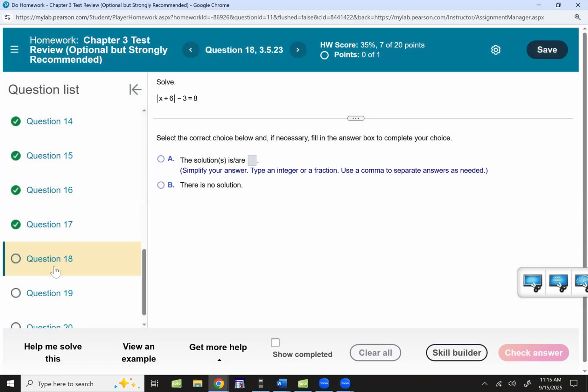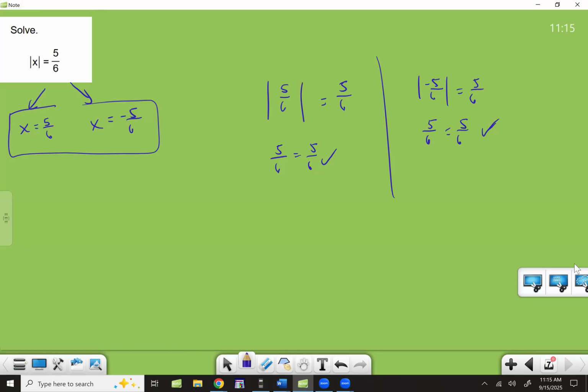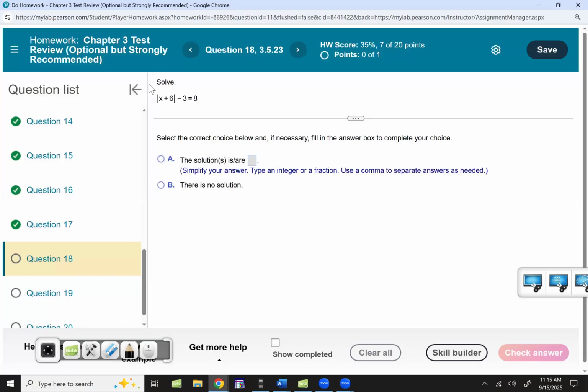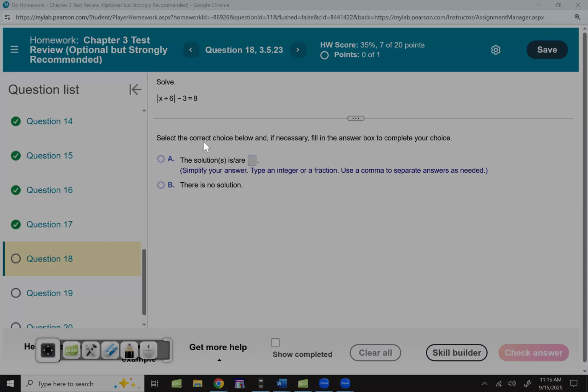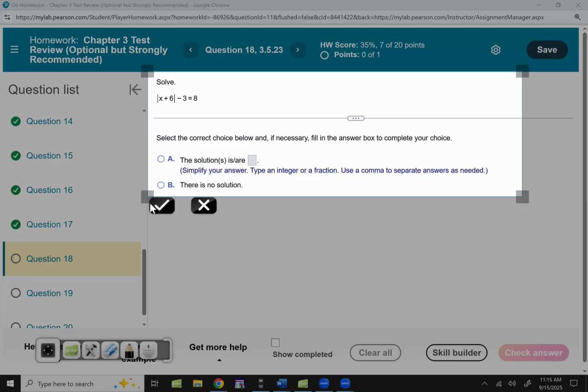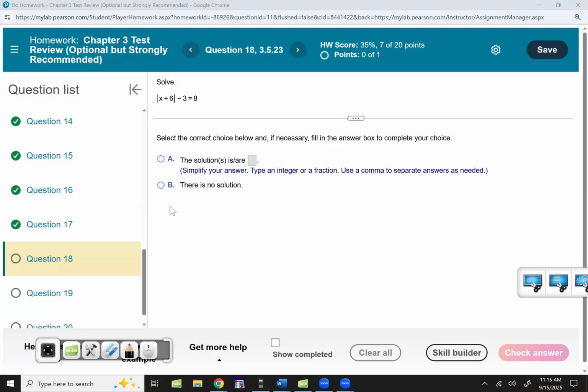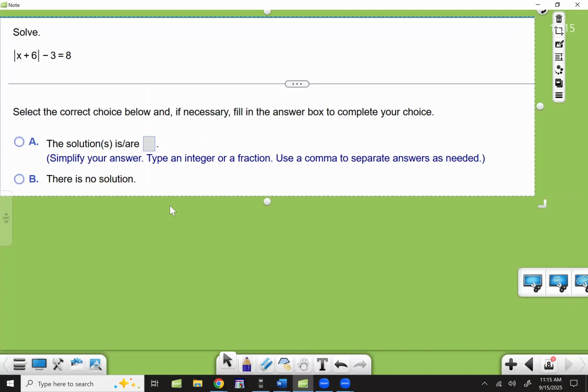We're going to progressively get harder. We can see that at this next problem. This one's very similar to kind of the last 2, if you will. You have some steps here. Step 1, isolate the absolute value. Just like with radicals, right? Isolate the radical. So we have to isolate the absolute value. So what we're going to do is we're going to add this 3 to both sides.